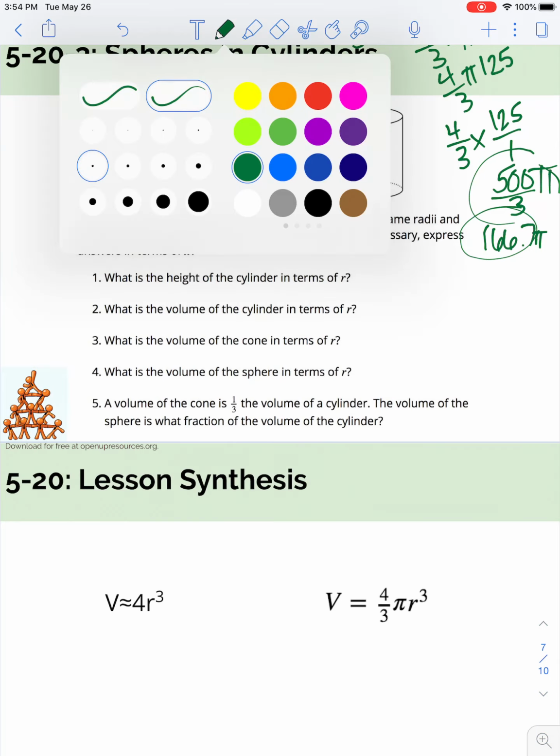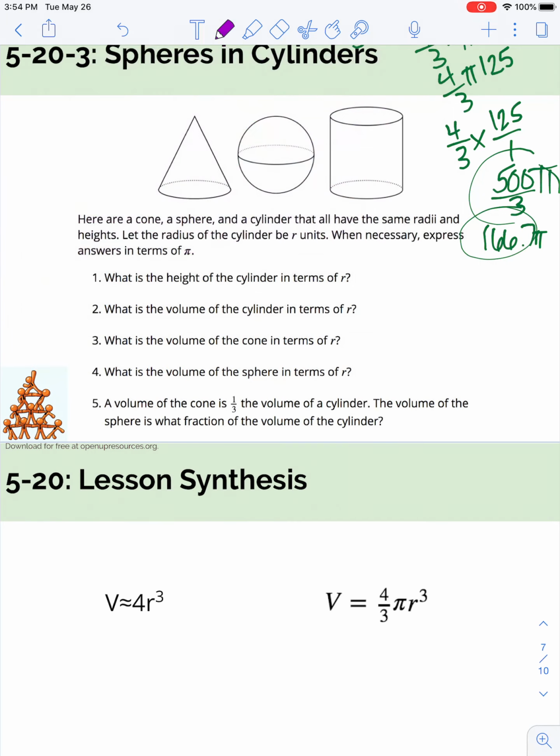I don't think it's necessary really, but it's trying to get ready for high school when you're going to have to deal with proofs, which is just you explaining in detail how something is the way that it is in geometry. I don't know how to explain that anymore because a lot of what you'll do then we have not yet done. But it's just about explaining how certain shapes are certain ways and stuff like that.